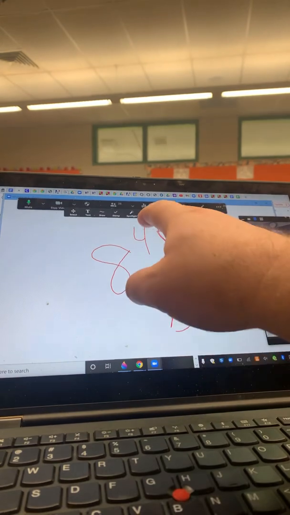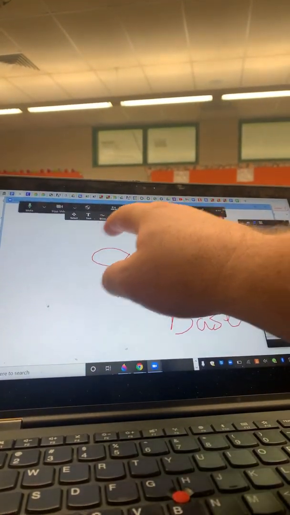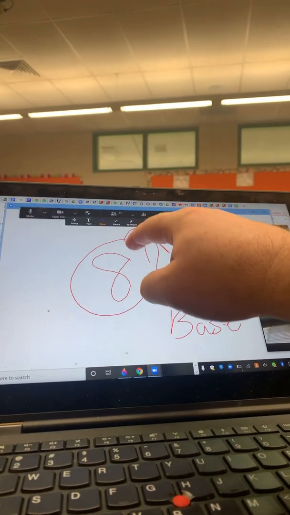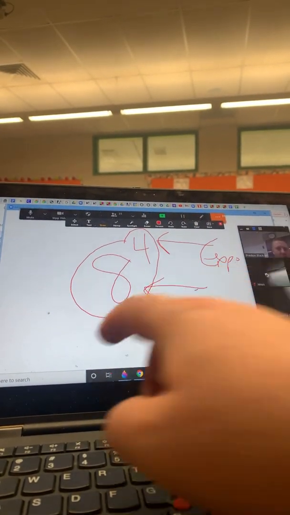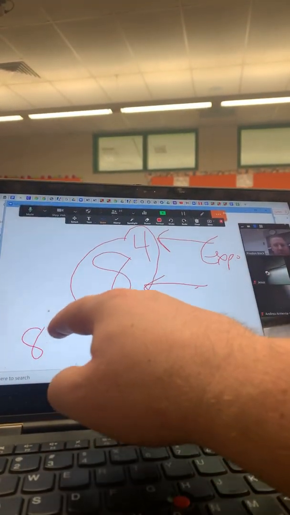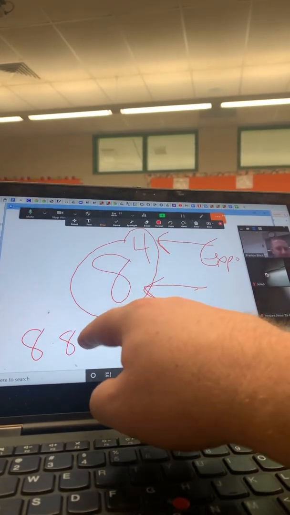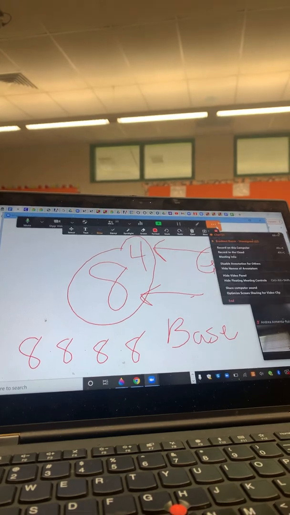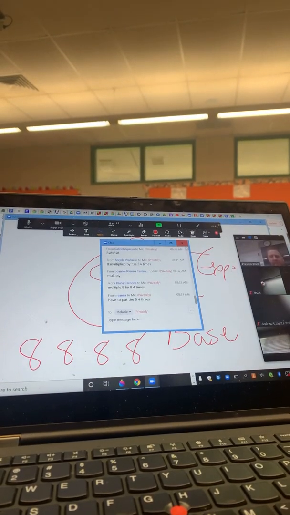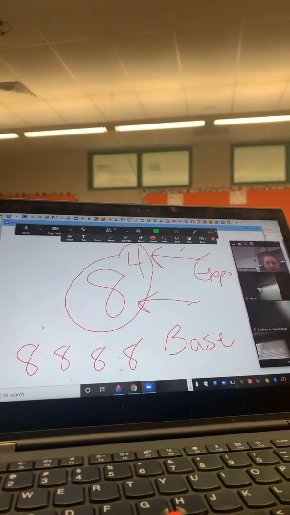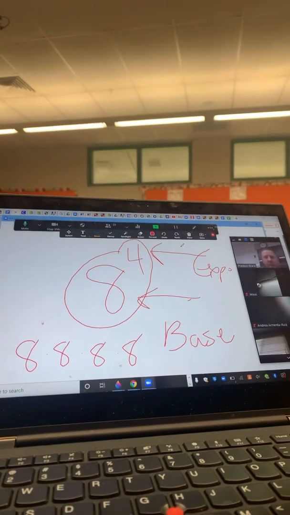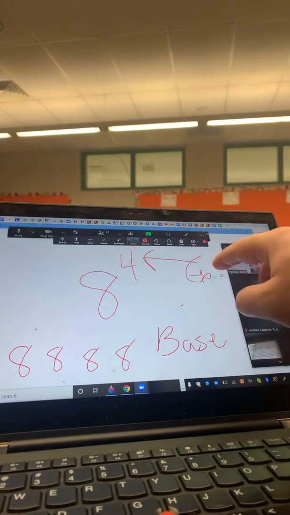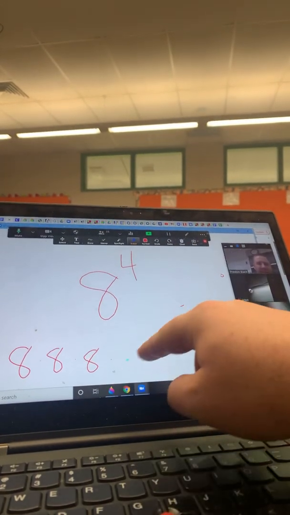We know that this here, 8 to the 4th, means 8 times 8 times 8 times 8. Good. So that's what 8 to the 4th power means. So we've labeled the exponent and base, and we know what it means.